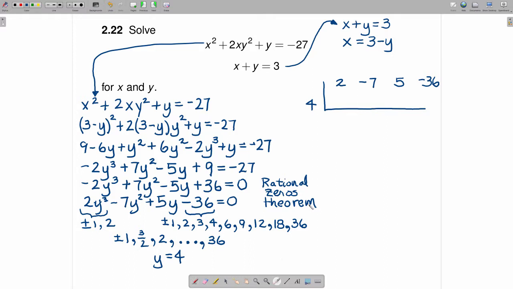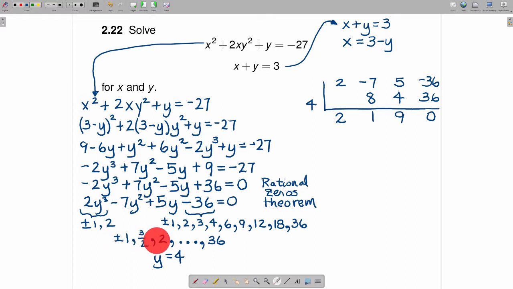And as we did 2 videos ago, this 2 simply drops down, and then at that point it is just multiply and add. 2 times 4 is 8. 8 plus a -7 is a positive 1. And then you multiply. 1 times 4 is 4. 5 plus 4 is 9. 9 times 4 is 36. And -36 plus 36 is a remainder of 0.